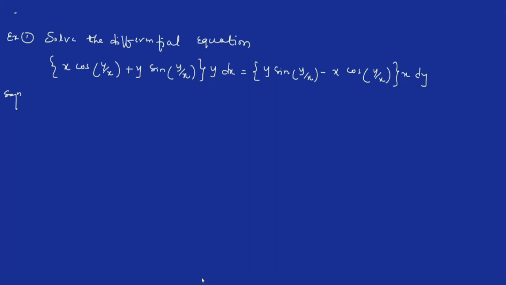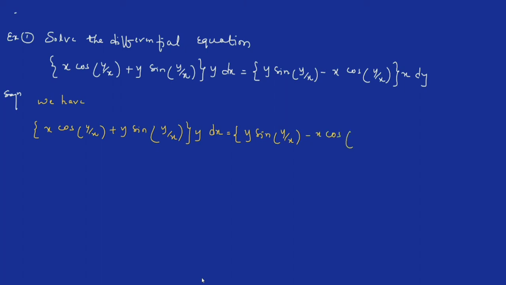Solution, we have, write down once again: x cos(y/x) plus y sin(y/x) into y dx, which is equal to y sin(y/x) minus x cos(y/x) into x dy.